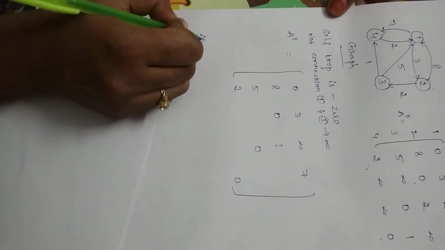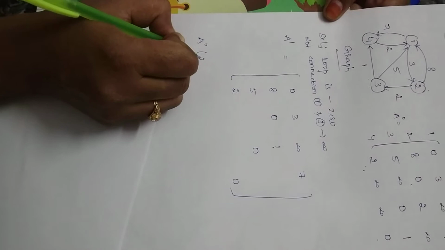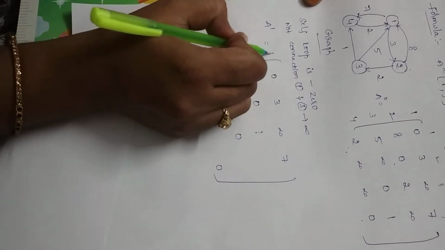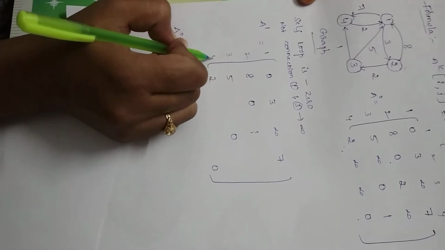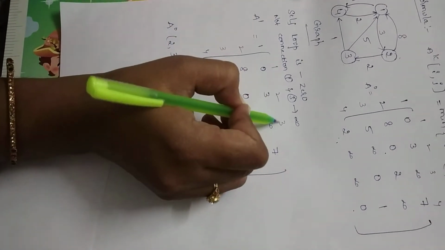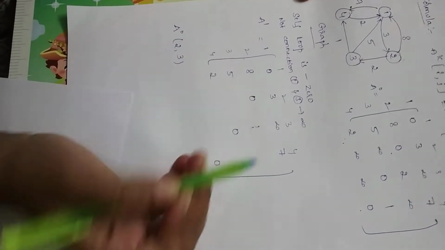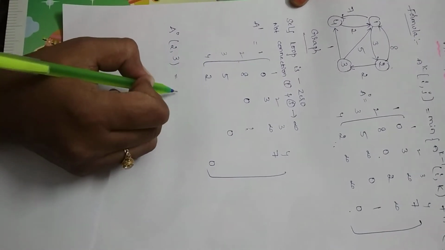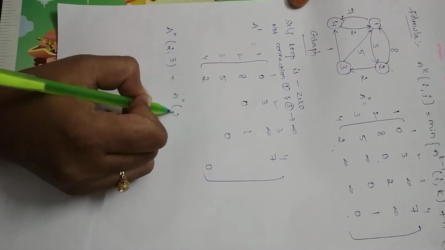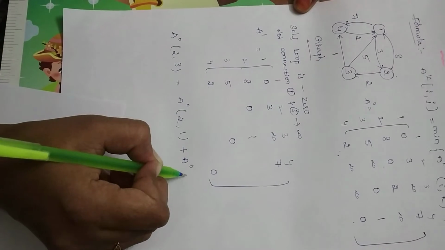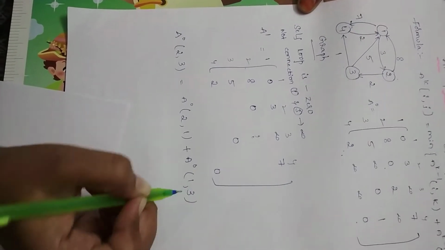So find A^0, with nodes 1, 2, 3, 4. We have to find the entry 2, 3. So A^0(2,3) is the minimum of A^0(2,3) and A^0(2,1) plus A^0(1,3).